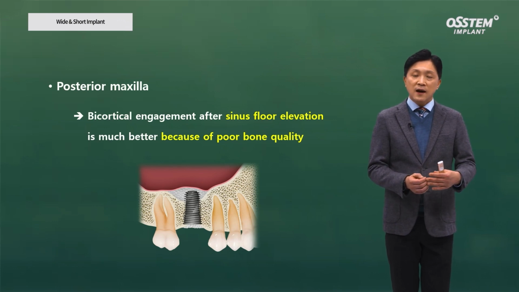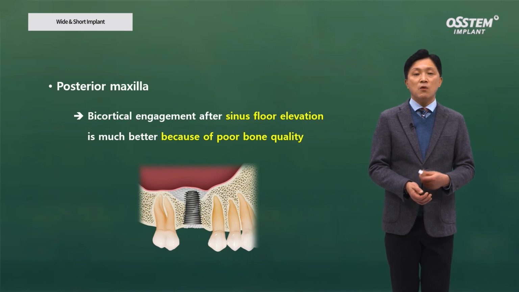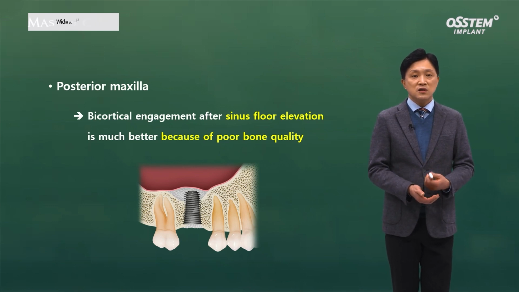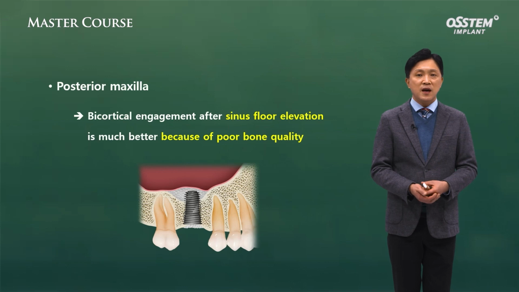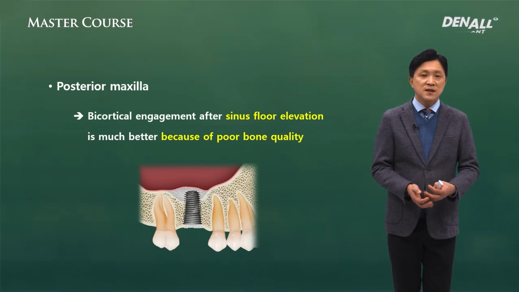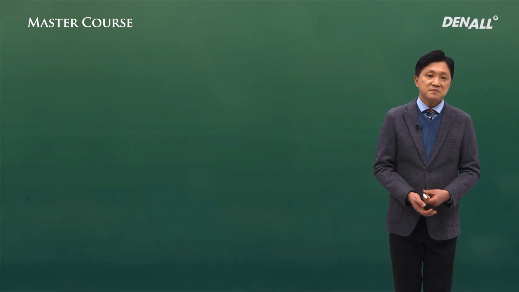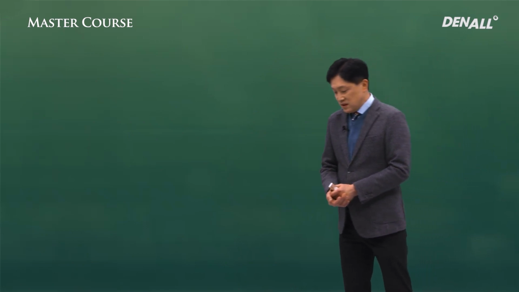If you cannot secure initial stability, there should be room to move to one additional diameter, and that would be the safer approach. So ultra wide from the get-go on the posterior side should not be your initial approach. That would be my recommendation.